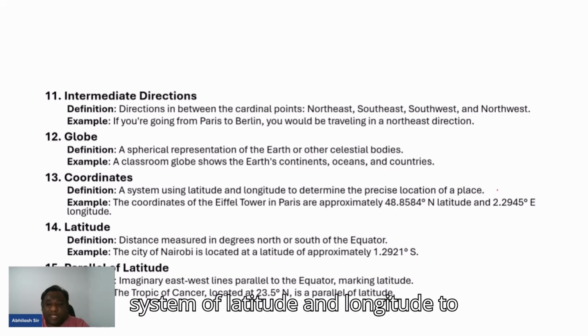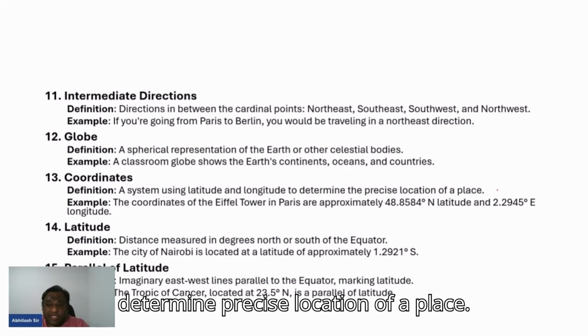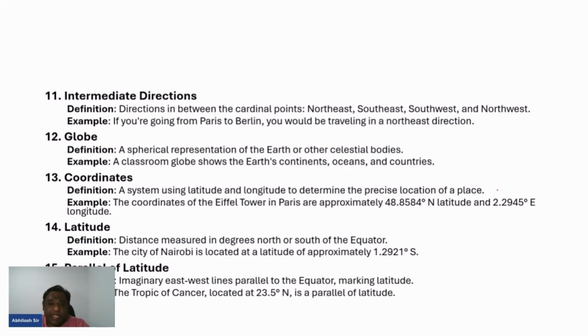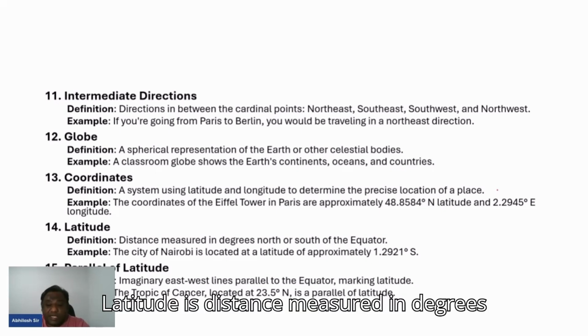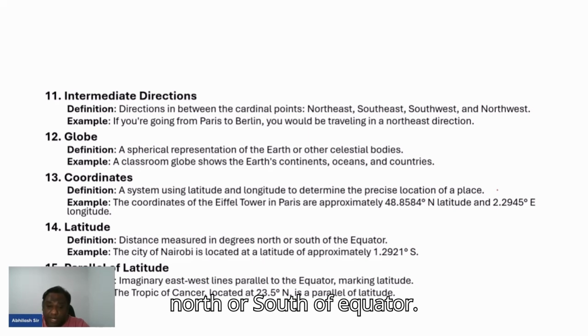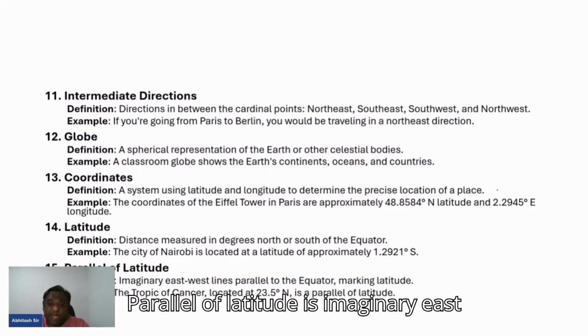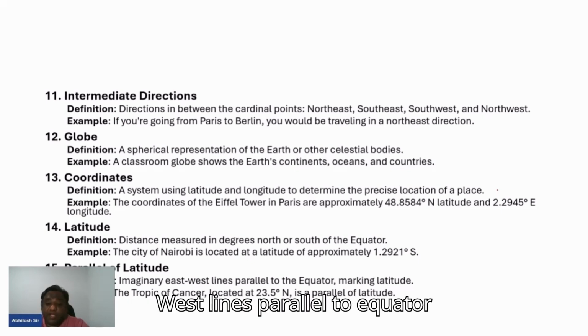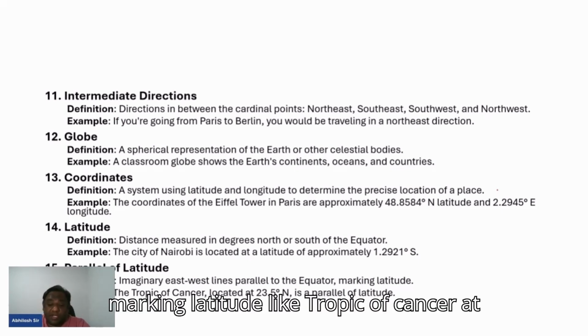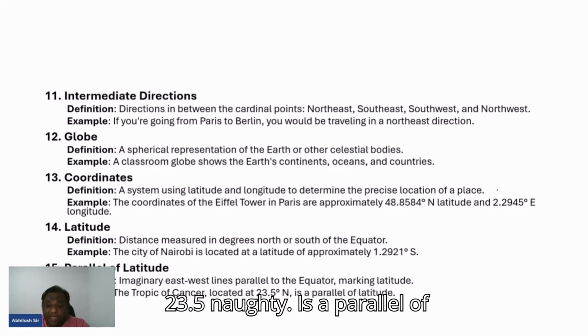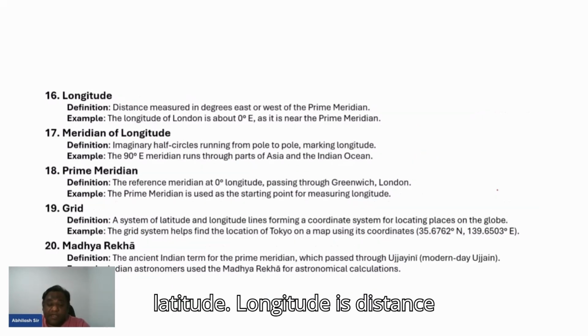Coordinates, a system of latitude and longitude to determine the precise location of a place. Latitude is distance measured in degrees north or south of the equator. Parallel of latitude is imaginary east-west lines parallel to the equator marking latitude, like the Tropic of Cancer at 23.5 north is a parallel of latitude.